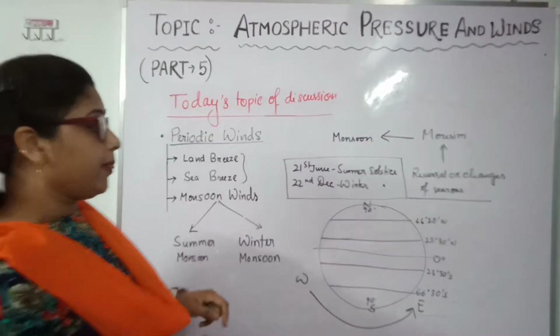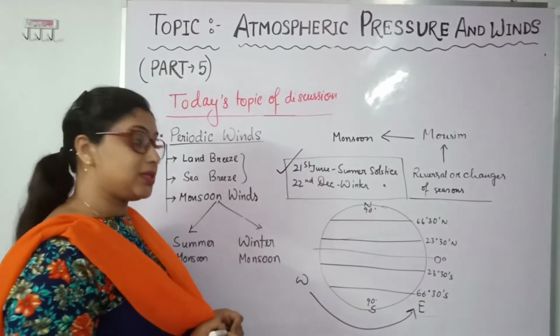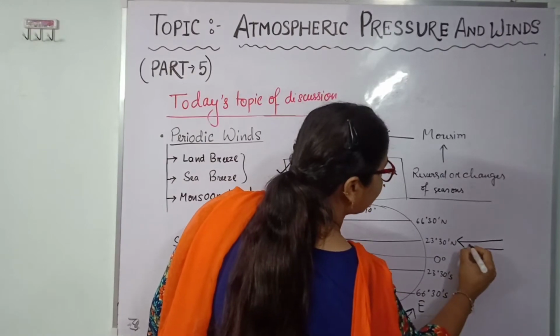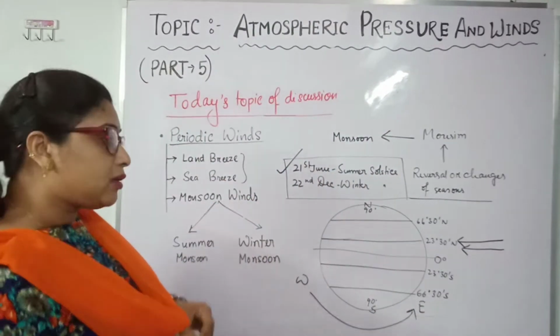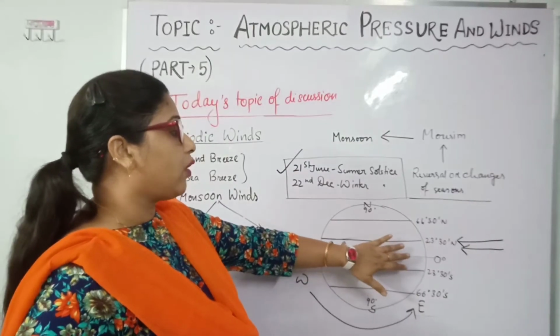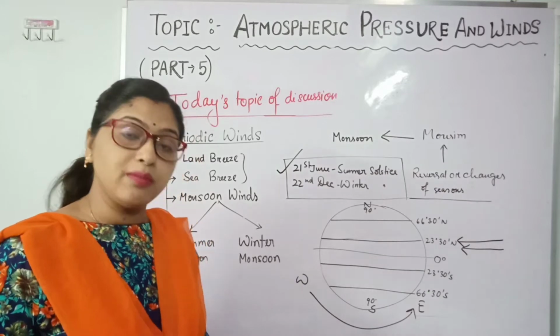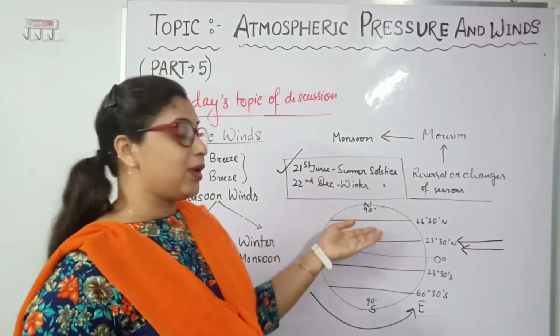See here, on 21st June, due to the apparent movement of the sun, the sun is directly overhead the Tropic of Cancer. Due to that, the northern hemisphere gets more solar radiation, more heat, and the temperature will be high.